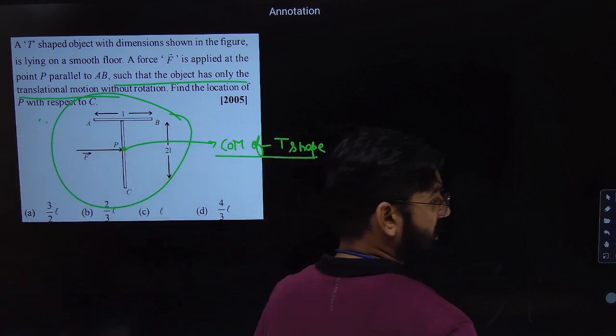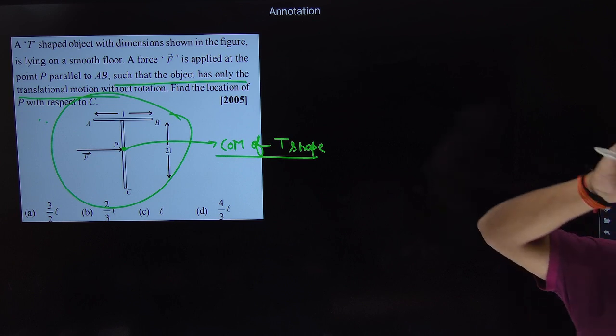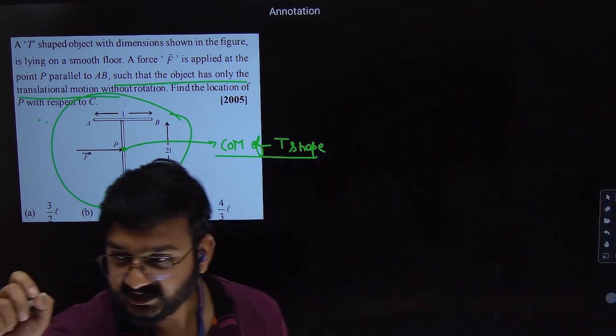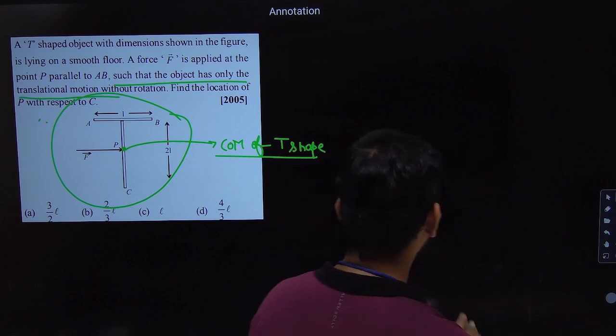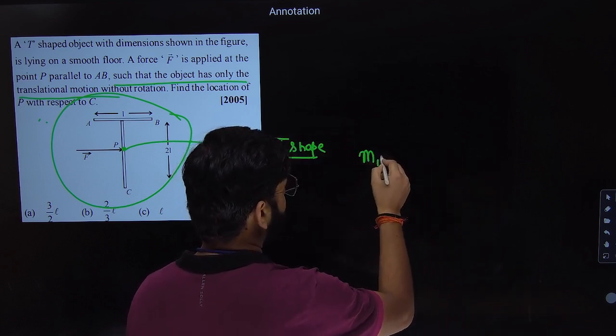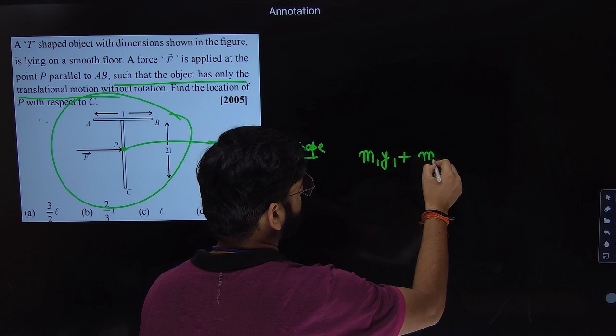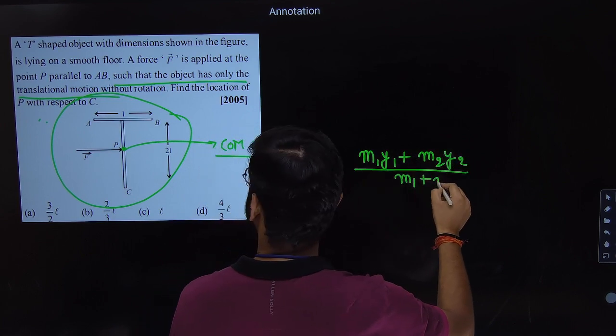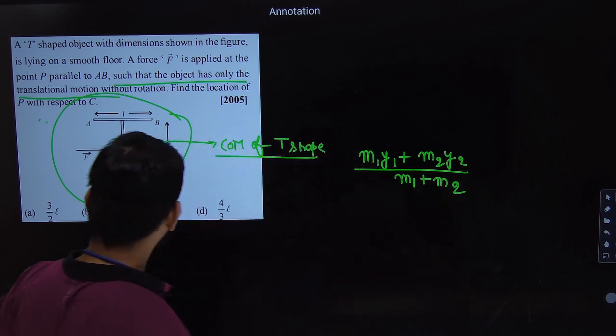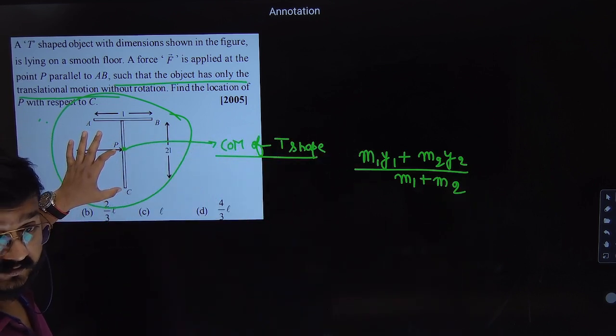Now, how many objects do we have in this? Two rods. This system, T, is the system. That system consists of how many objects? Two objects. So, what will I write? (M1Y1 + M2Y2) divided by (M1 + M2). They only need this position, right? So, do I need X or Y?